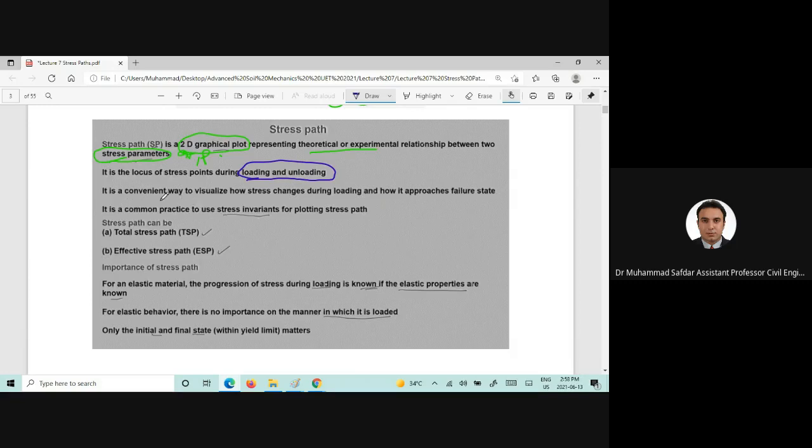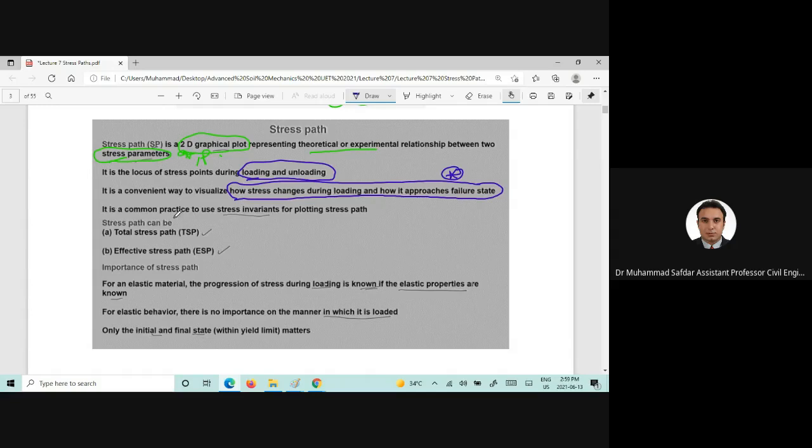It is a convenient way to visualize how stress changes during loading and how it approaches the failure state. As Wali and Shabir mentioned, we are interested in how those stresses are changing and what path they are following till the failure is occurring.